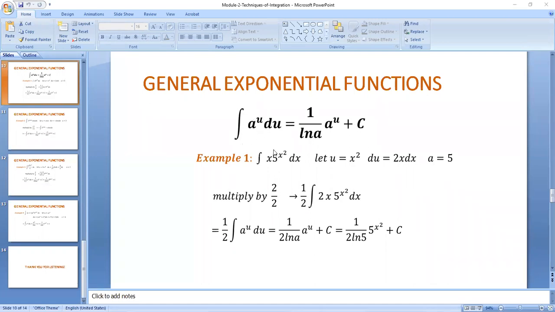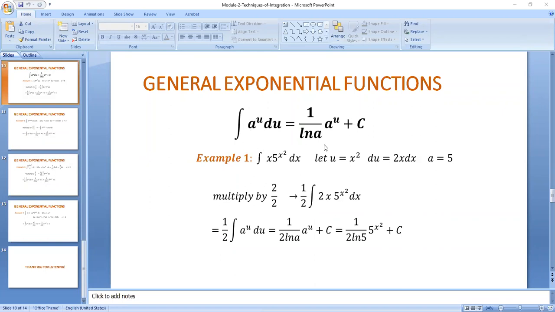Okay, because you see here in the formula that whenever you have a constant raised to u, du, the integral of that will be the given exponential expression divided by the ln of a, the constant which is raised to the u.